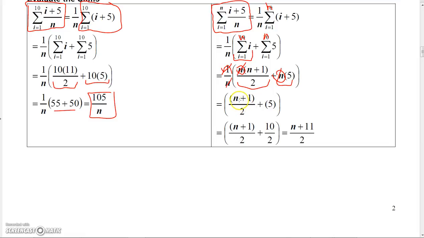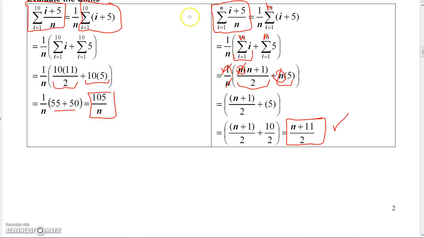And then I just got a common denominator for 5. 5 is the same as 10 over 2. So this is going to be n plus 1 plus 10, which is actually n plus 11 over 2. So you can actually get an expression that represents this sum for any n value you wanted.